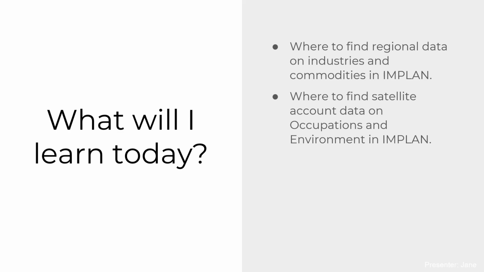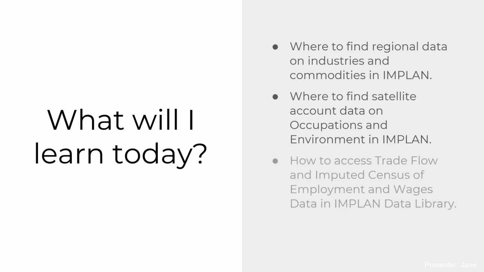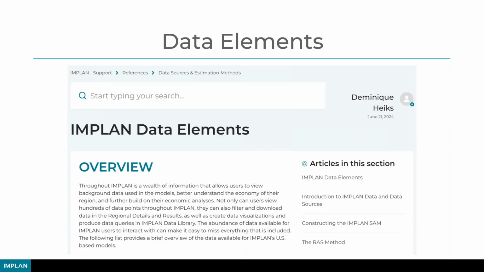This is both on the impact side and on the data library side. And then also how to access additional data such as trade flow or imputed census of employment and wages data via data library.